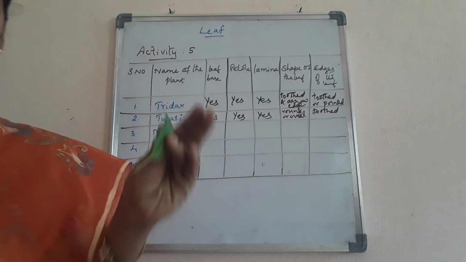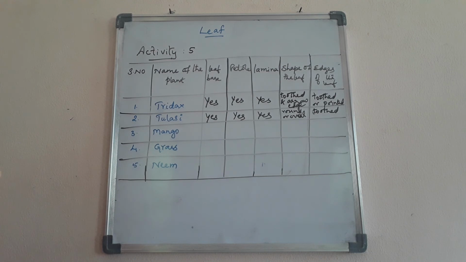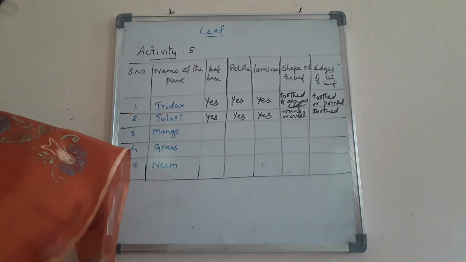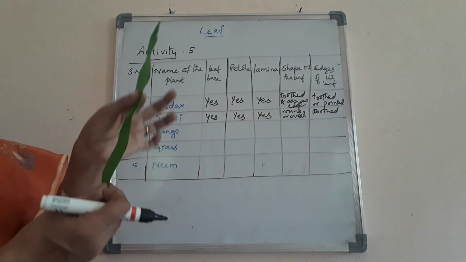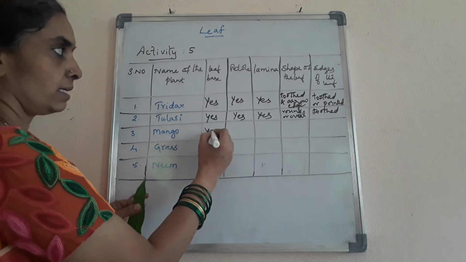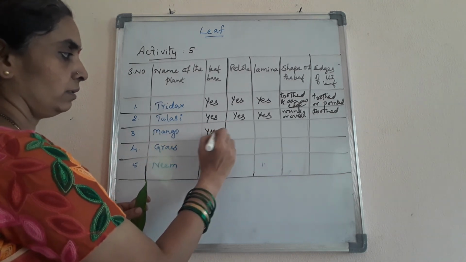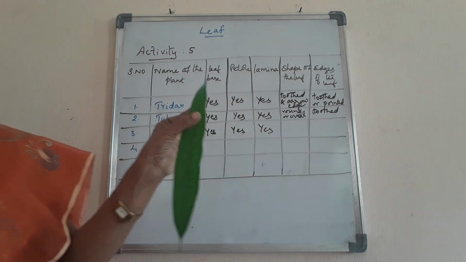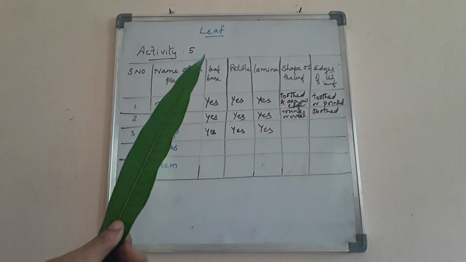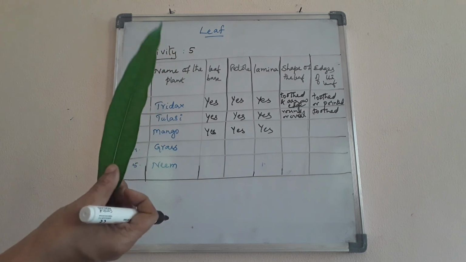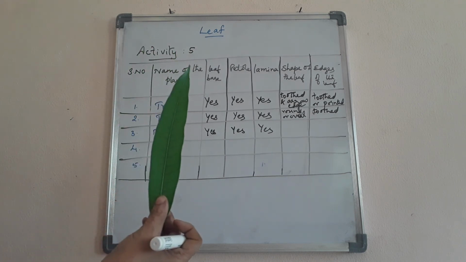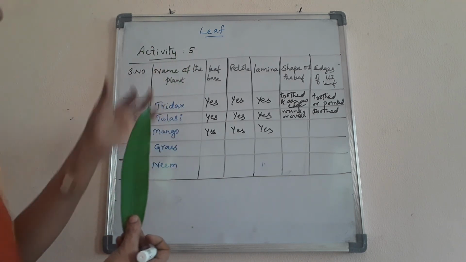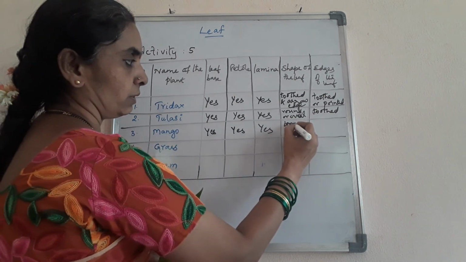Okay, next, coming to the mango leaf. Where is the mango? Yes, here it is. If you see this, it also contains the leaf base, petiole and lamina. Yes, so now you see about the shape of the leaf. It is long and narrow, isn't it? Write it down.